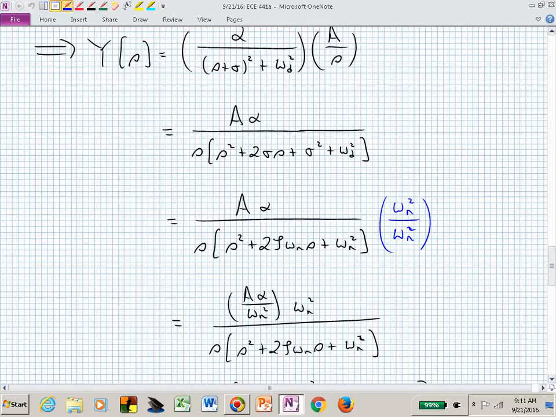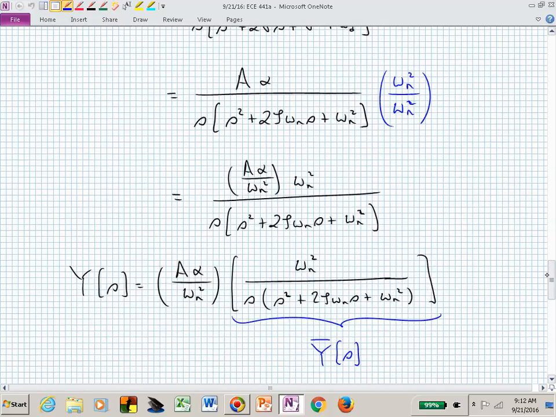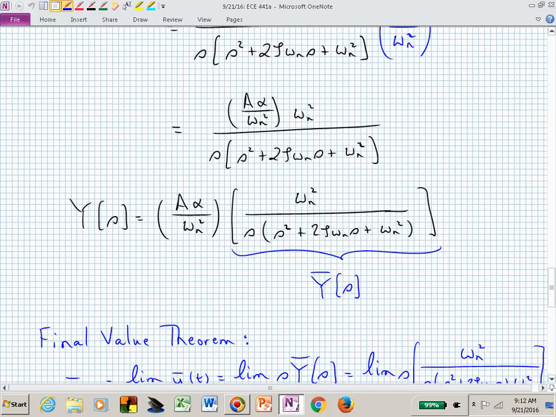I can put one of those omega sub n squares in the numerator, and now I have a scaling fraction, or some scaling value, capital A alpha over omega sub n squared, scaling this nicer transfer function involving omega sub n squared in the numerator. And that's going to be what we focus on during the derivation or the discussion today, this scaled version of the actual output y, and we're going to call that y bar.